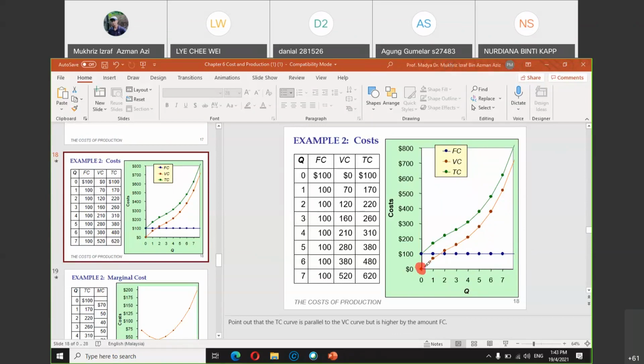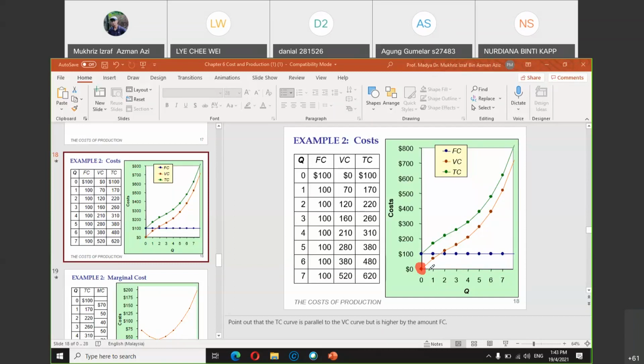Variable cost starts from zero because when output is zero, variable cost or wages are also zero. But when output is zero, fixed cost is already there, $100, because in the previous example we also saw that when you don't produce anything, you still need to pay for the rental of the land.